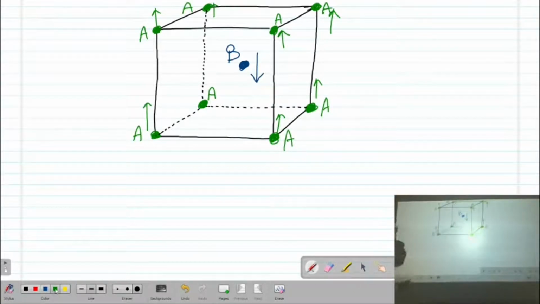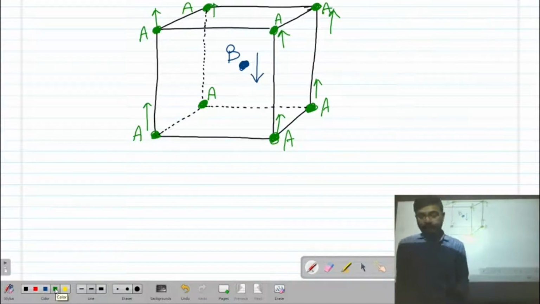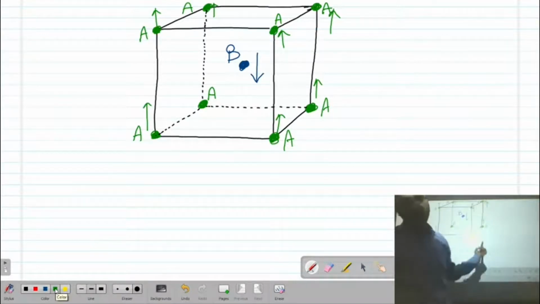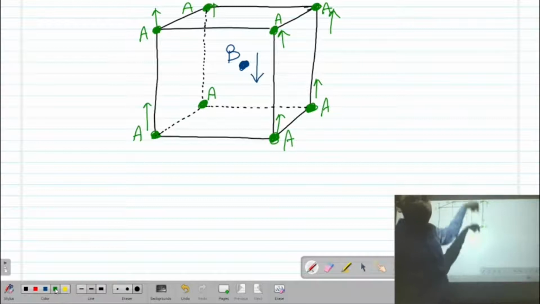Now moving ahead, we have assumed that we have two types of atom. Atom A is having magnetic moment in the upward direction. B is having opposite magnetic moment, that is in the downward direction.